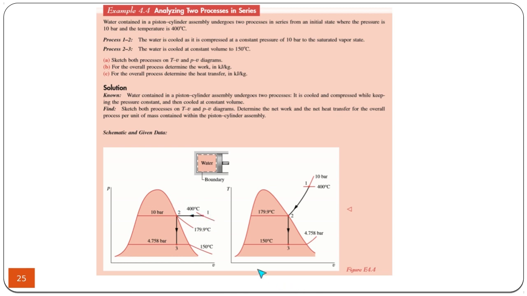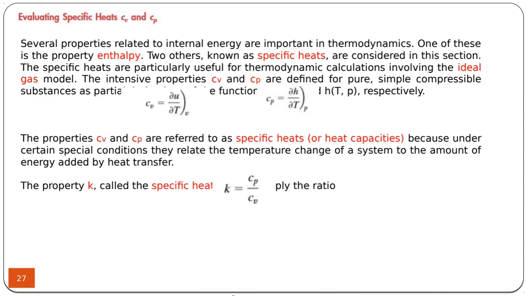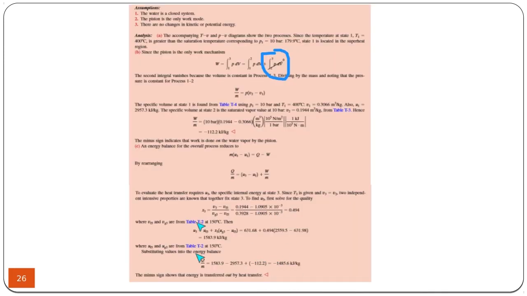So the reason why we have a decrease in temperature here is because there is a loss of heat, or a cooling process that causes the temperature to drop from 400 to 180. And this amount of heat removed from the system is given here as minus 1485, and minus Q means that there is a heat loss instead of heat gain.